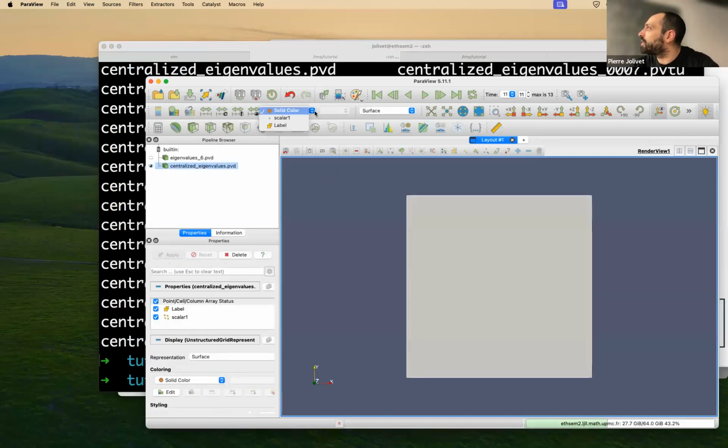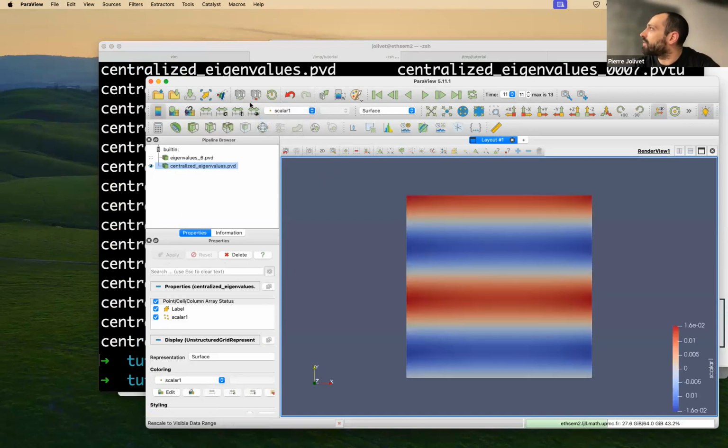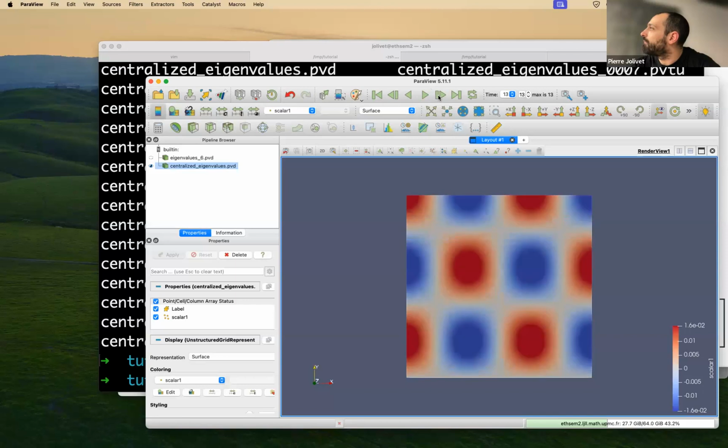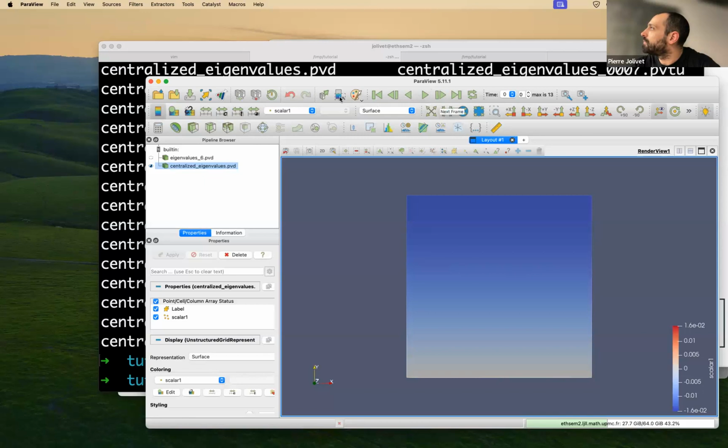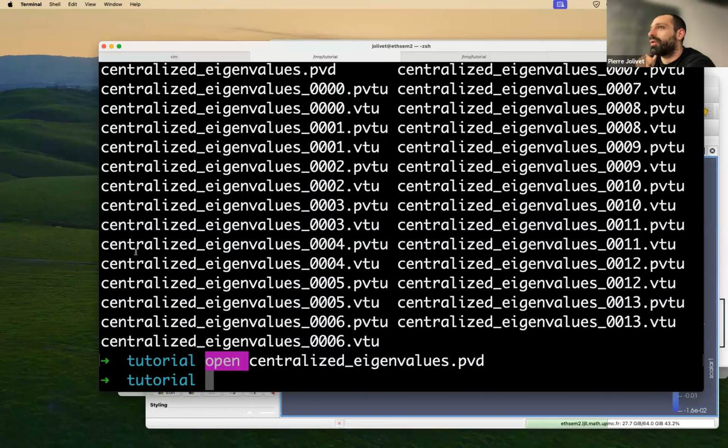No domain decomposition, and hopefully the same eigenvector. So I think we killed two birds with one stone, solving eigenvalues and going back to the global domain.